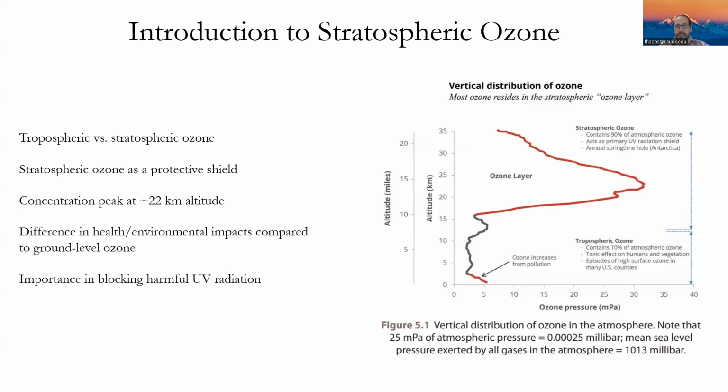The figure here highlights its vertical distribution, showing that 90% of ozone lies in the stratosphere, where it serves as our protective barrier against ultraviolet rays or any other harmful rays that reach the surface of the Earth. This is why its decline is a global concern.